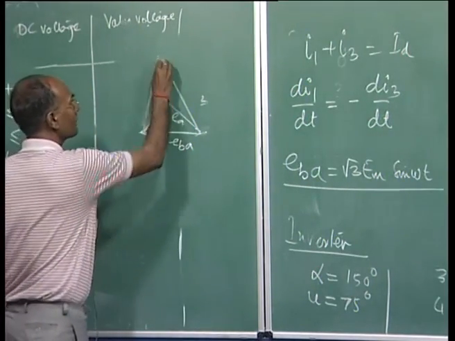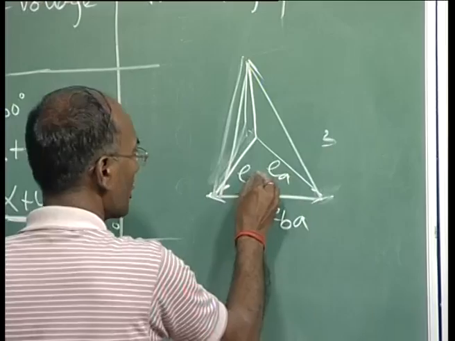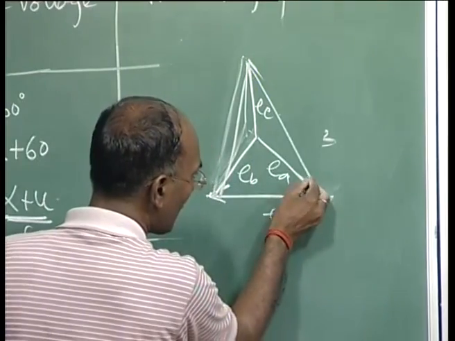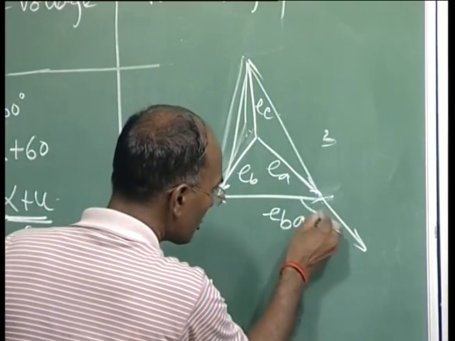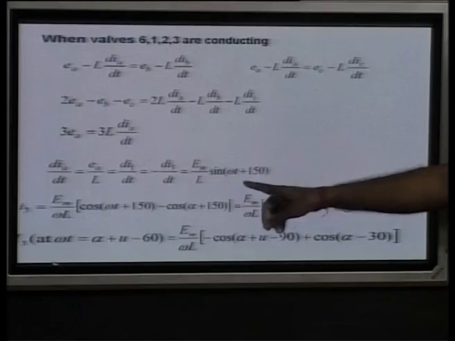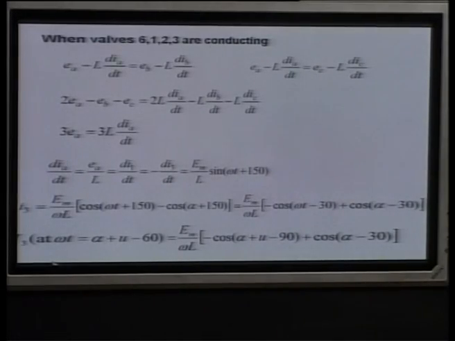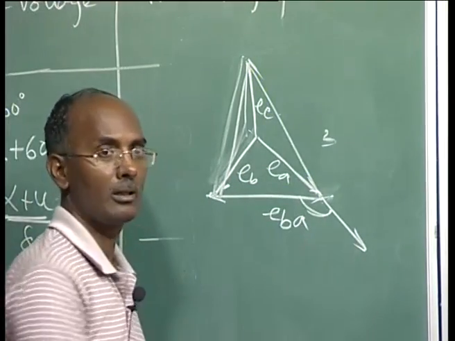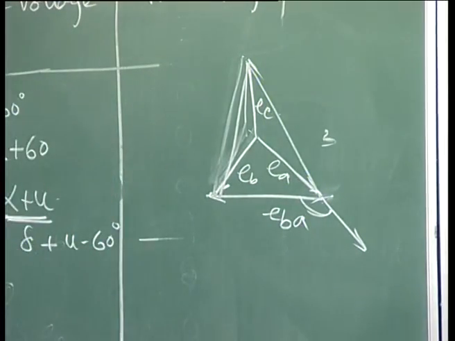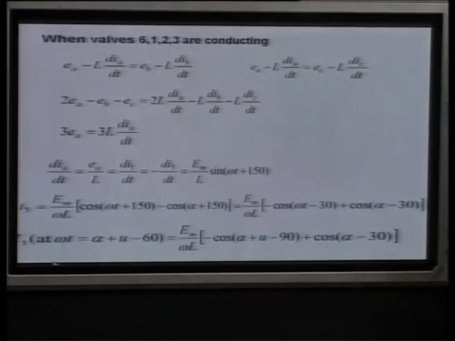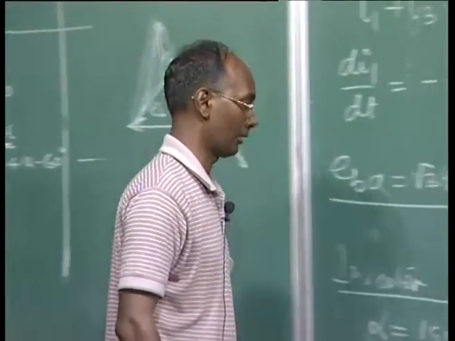This is your EB, here it is your EC. So, this angle here, we are going to extend it. This angle is 150 degree, and that is why it is written omega t plus 150, and since it is leading, it is positive, because this is just behind EBA. So, I wrote this, and now with this expression, you can simply integrate and get your I3.